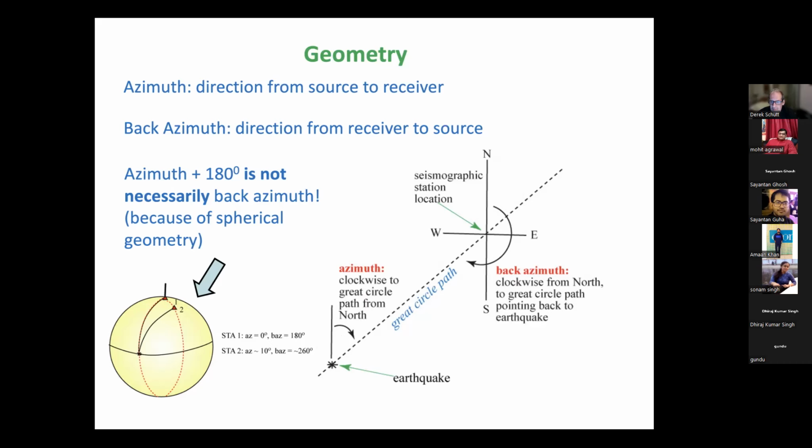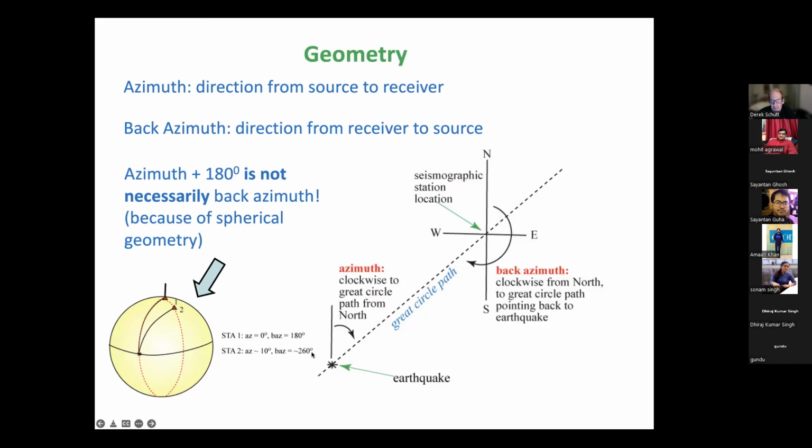And the back azimuth is the direction from the seismogram or seismometer back to the earthquake. Now, azimuth plus 180 degrees is not necessarily the back azimuth because of spherical geometry. So for instance, at station 2, the azimuth is about 10 degrees, and the back azimuth is about 260 degrees. So that's worth keeping in mind.